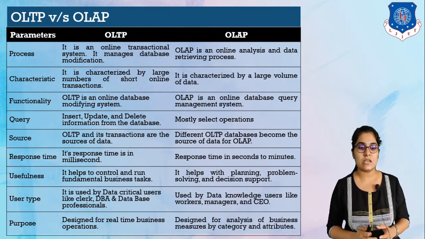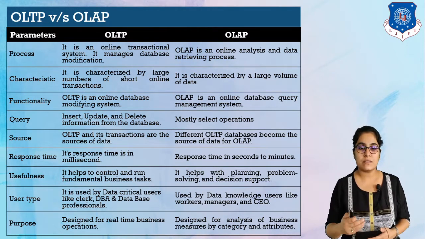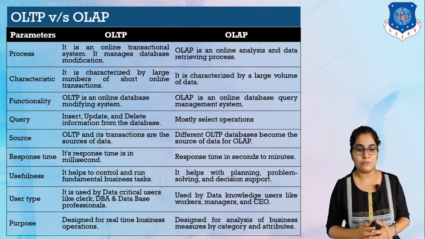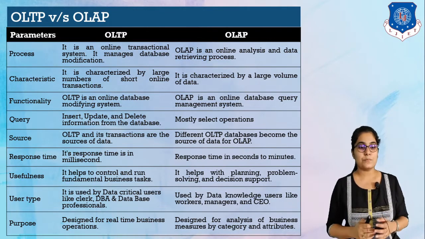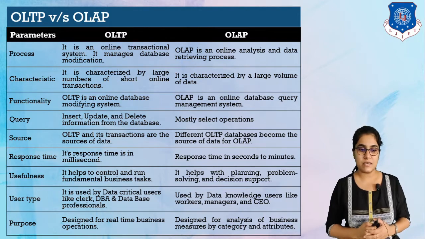OLTP and its transactions are the sources of data, whereas in OLAP, different OLTP databases become the sources of data for OLAP. The response time of an OLTP system is in milliseconds, whereas the response time of an OLAP system is in seconds to minutes. OLTP helps to control and run fundamental business tasks, whereas OLAP helps with planning, problem solving and decision support.